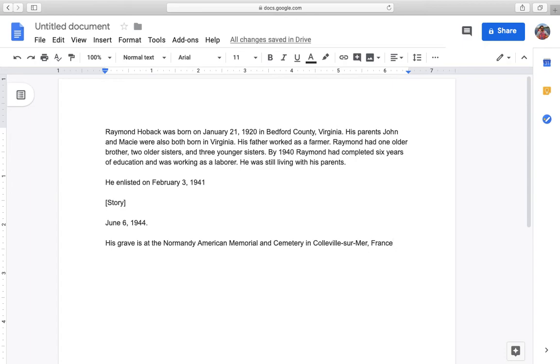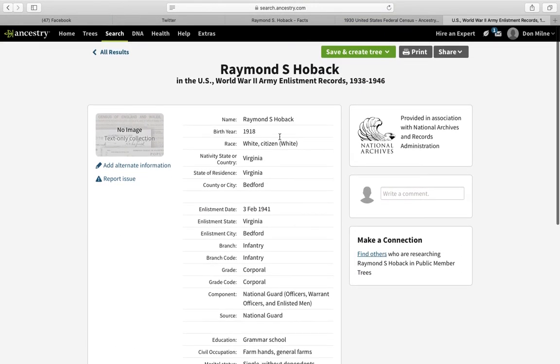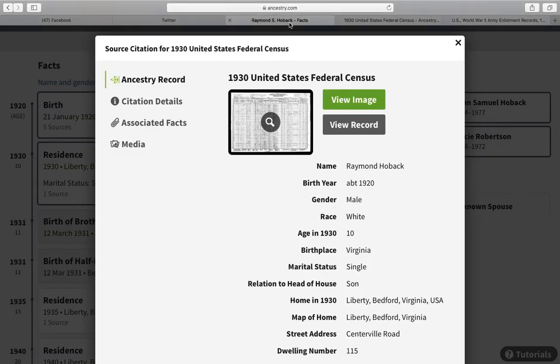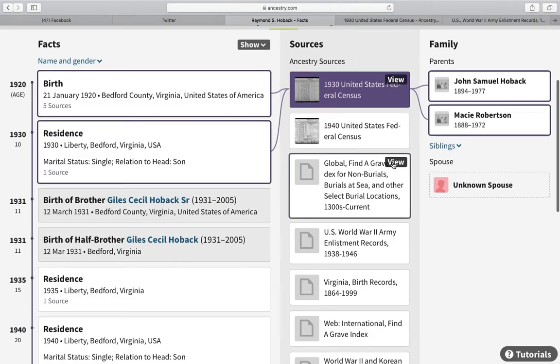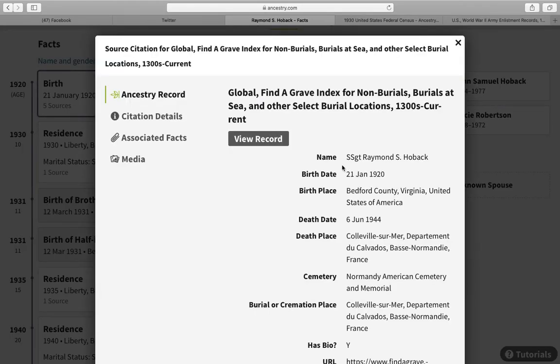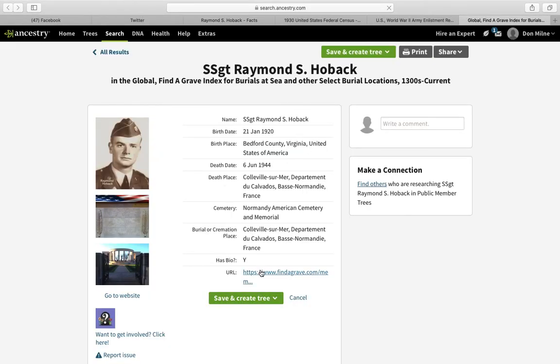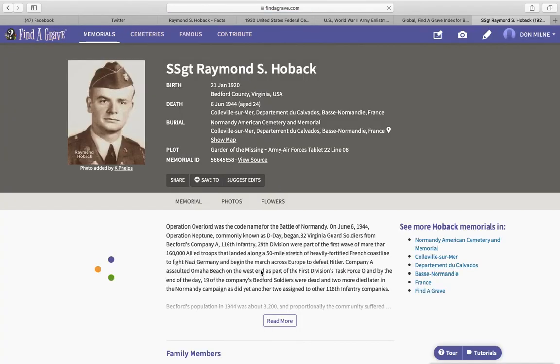It's going to take a little more research to find out more about him. One other link that's very useful to have right up front would be his Find a Grave page. So we're going to view that, view the record. Here's the actual URL right there.